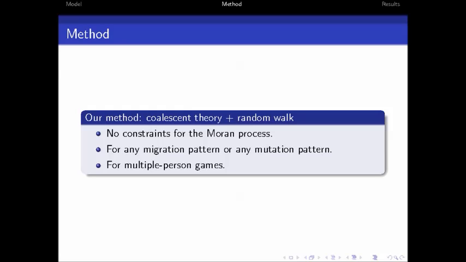Point 2, our method can trace the migration and the mutation, so it can deal with any migration pattern or any mutation pattern. Point 3, our method can be extended from 2-person games to multiple-person games.